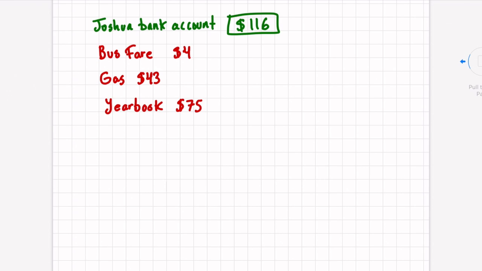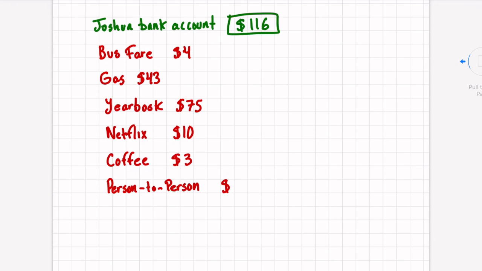Joshua's Netflix subscription is automatically debited today, so another $10 leaves the account. After school, he heads out with his friends and uses his debit card to buy a $3 coffee. He sends a person-to-person payment of $15 to his friend Brian for his share of dinner. And then finally, he finishes out the day with some shopping to buy new soccer gear for $35 using his debit card at the store.